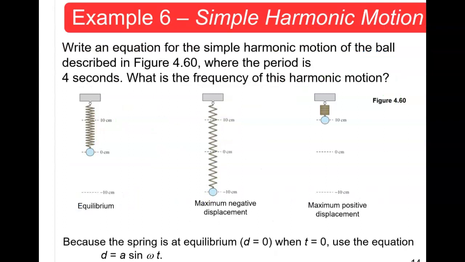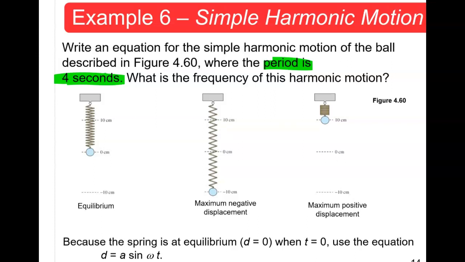And I did get a little bit ahead of myself, because the question is coming up now. It is example 6, and it says write an equation for the simple harmonic motion of the ball described in figure 4.60, which is the figure you can see here, where the period is 4 seconds. So they are giving us that information. And so based on the period, we're going to find the frequency.